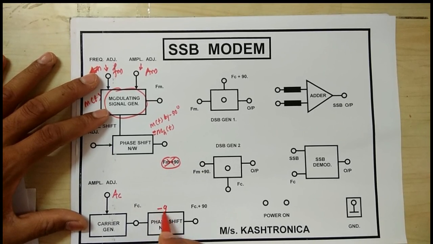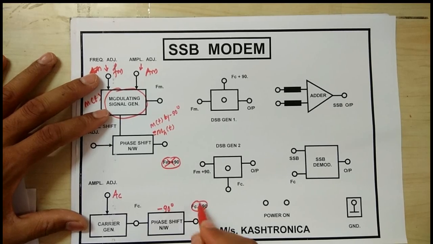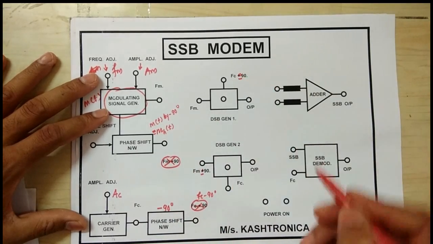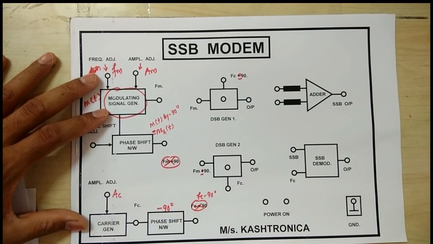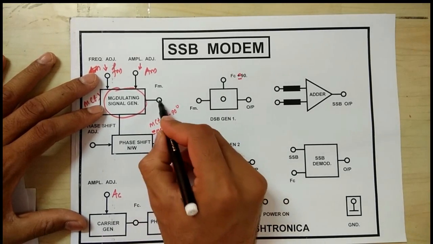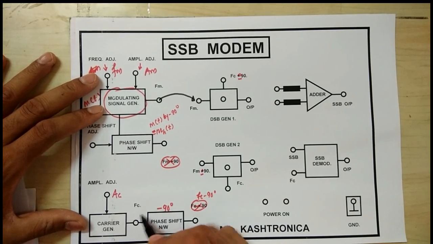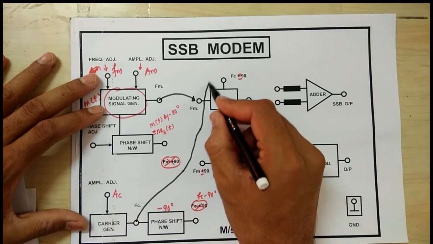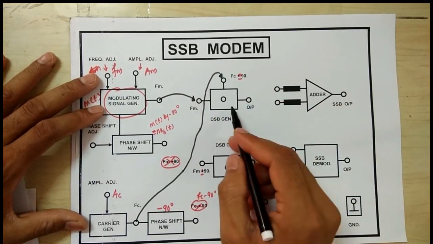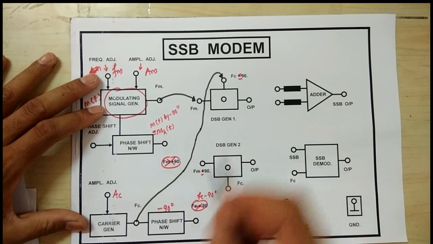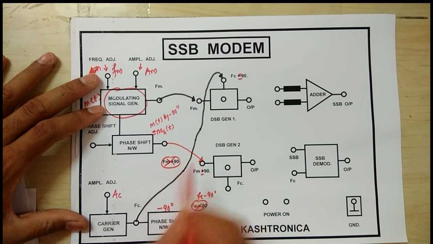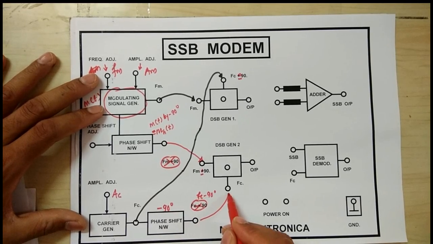And again this block is a minus 90 degree phase shifter. So this is FC minus 90, where this plus is actually minus. Now the original signal M of t and the original carrier, without changing its phase, we can give to the first DSBSC modulator, and to the second DSBSC modulator we apply the minus 90 degree phase shifted version of the signal and the minus 90 degree phase shifted carrier signal.